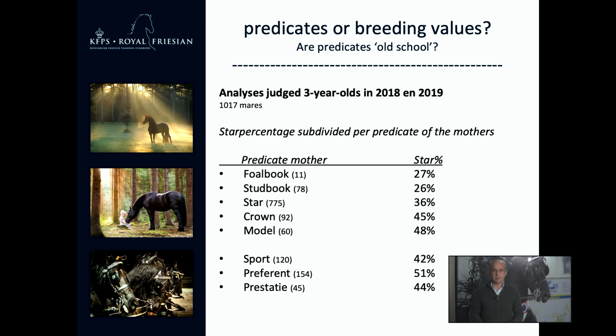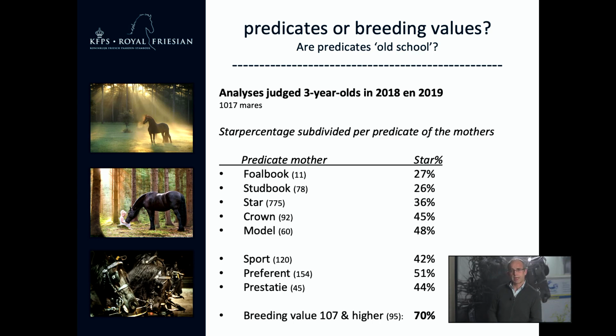Well, I also looked at the mothers of these 3-year-olds, and I actually selected them for breeding value. And then you see that you even have a better result if you select the mothers based on breeding values. So when I looked at the mares, the mothers that had a breeding value for conformation and movement of at least 107, and there were 95 of those, even 70% of the offspring went star.